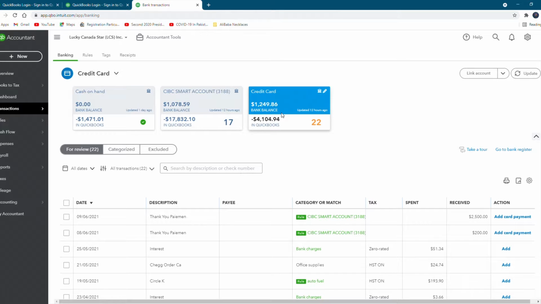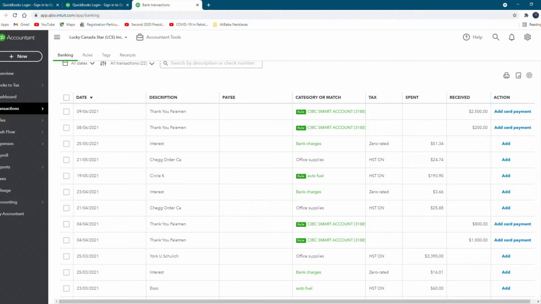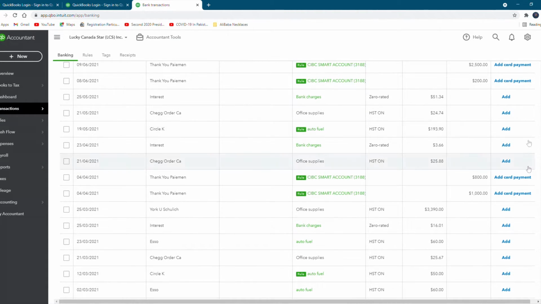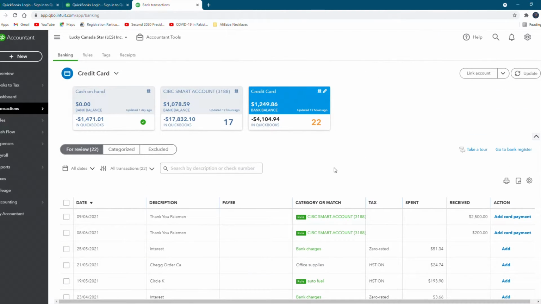Similarly, when we click on the credit card account, we also notice that there are several transactions that need to be properly classified and entered into the QBO system in order to enable us to prepare financial statements from these bookkeeping transactions.